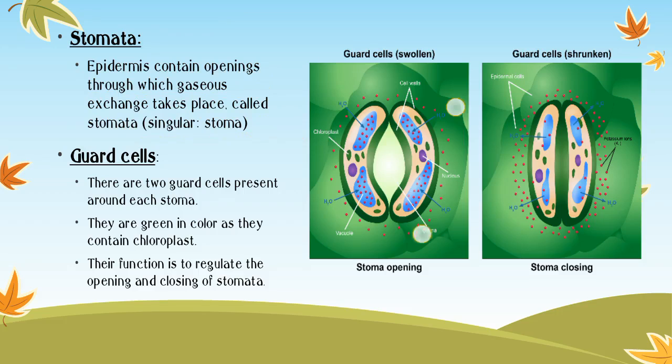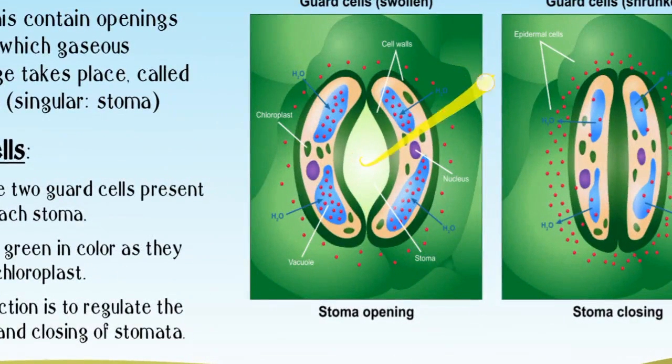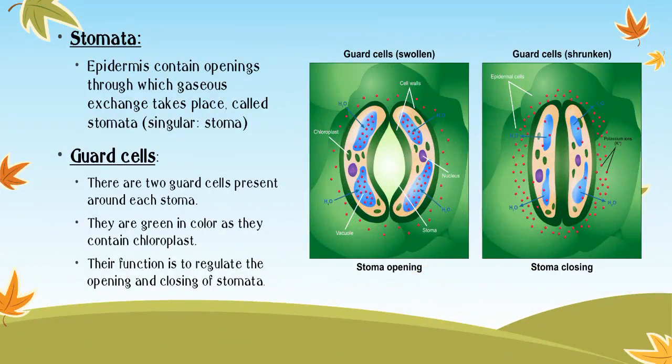Here you can see the diagram, these are the openings. These openings are actually meant for the exchange of gases. Students, plants need carbon dioxide for the process of photosynthesis. So they take in carbon dioxide and they release oxygen through these pores. And these pores are called the stomata.